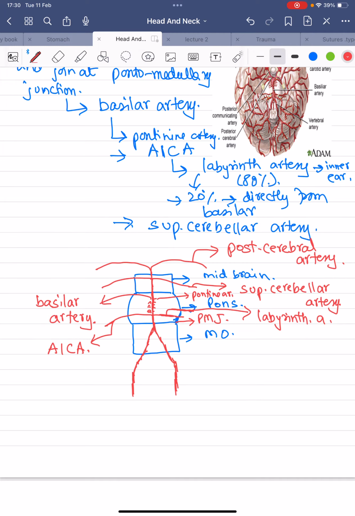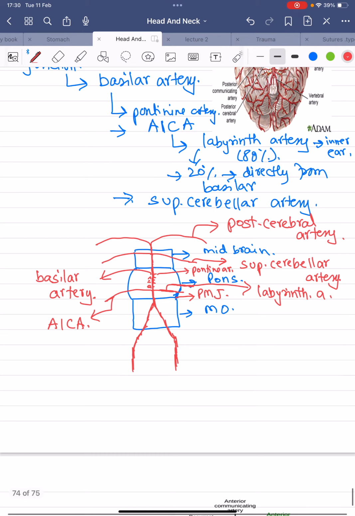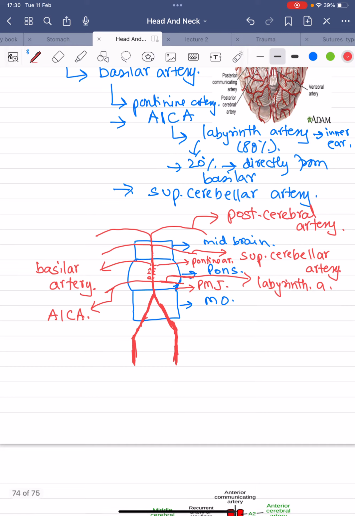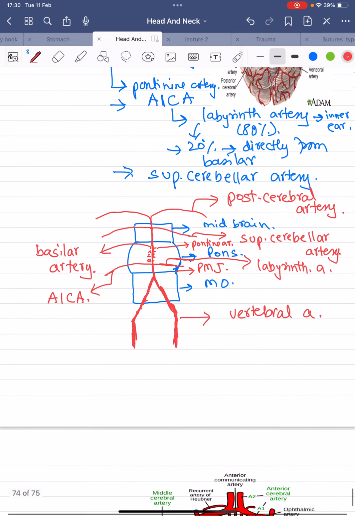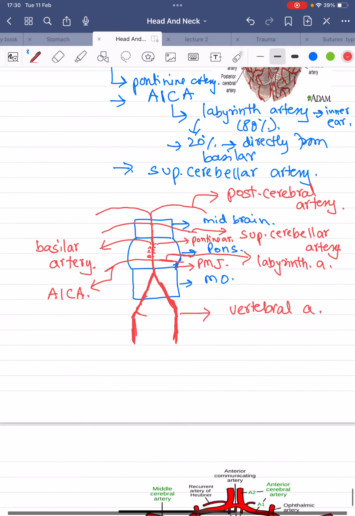Okay, now here two more arteries are very important which you must know. What are these two important arteries? See here everyone, this is your vertebral artery. This vertebral artery is giving a branch like this.